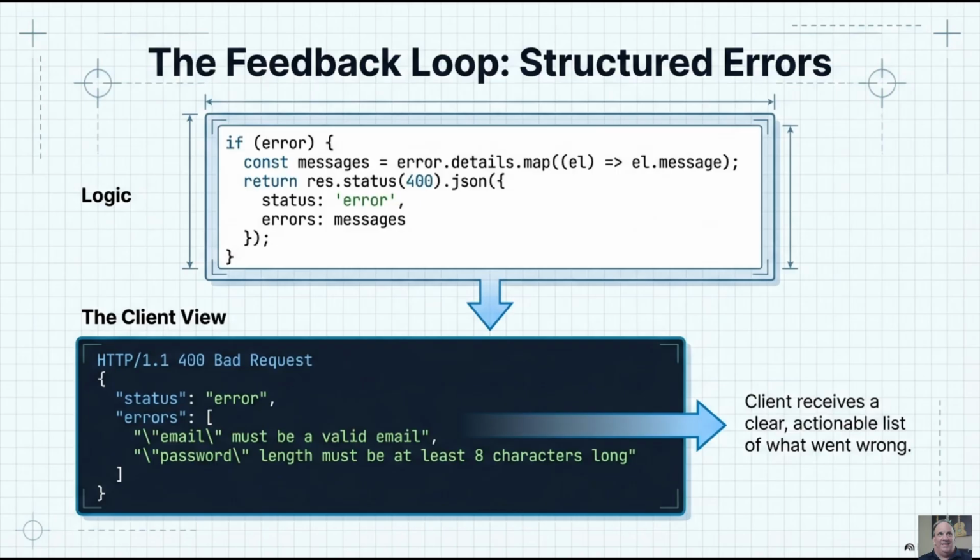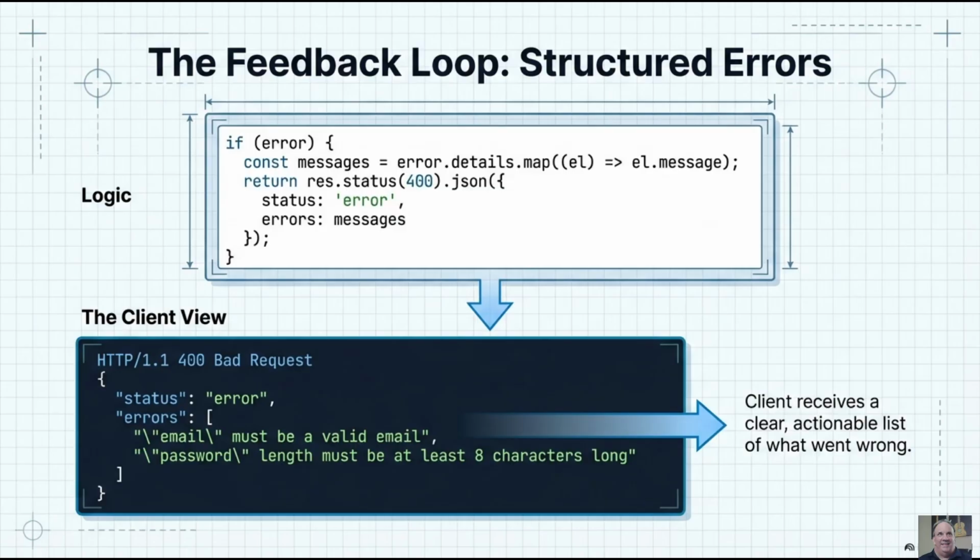The feedback loop, structured errors. When validation fails, we need to tell the client exactly what went wrong, and we need to do it in a consistent, structured format that the front-end developers can actually work with.